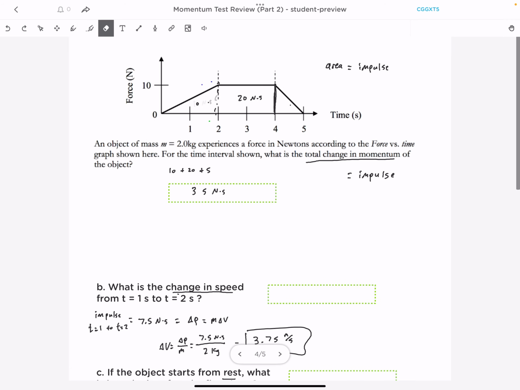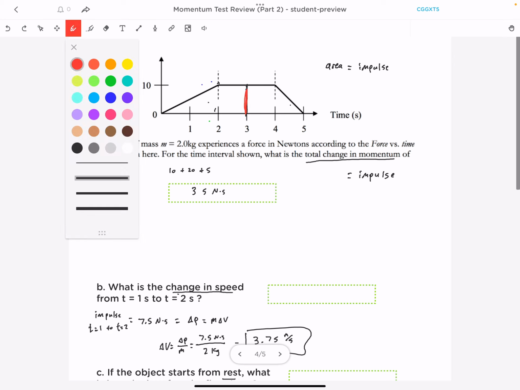So I'm going to erase all this again, just so you can see the process from scratch. We know for the first 3 seconds, it's this area here. Actually, I'm going to use a different color. So it's this area here, this whole bounded region. And this part over here, just like last time, we know it has to have an area of 10 Newton seconds.